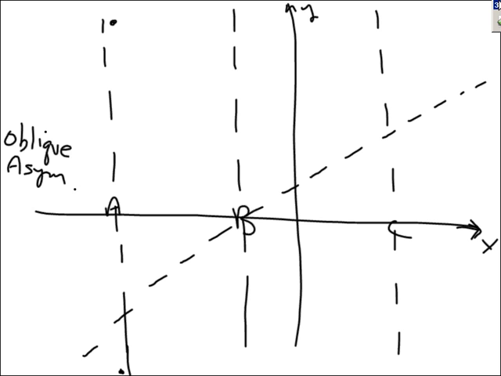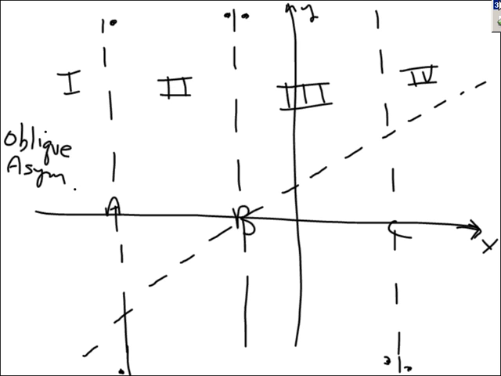Less than B, positive infinity. More than B, positive infinity. Less than C, negative. And also more than C, negative. So we talked about our intervals. We have 1 to the left of A, between A and B, between B and C, and greater than C.